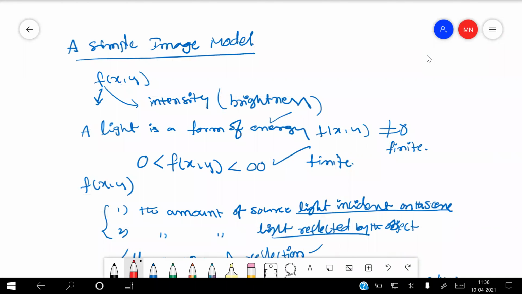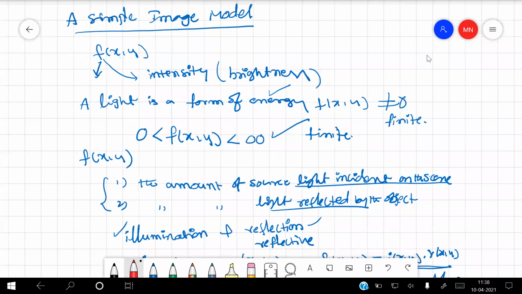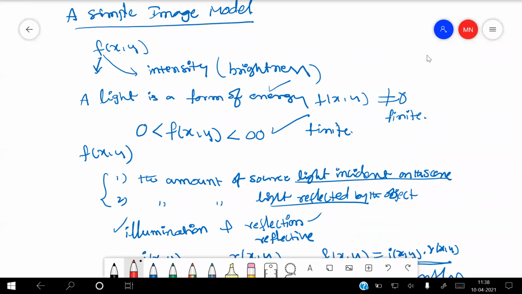Okay, so yesterday we discussed a simple image model. A simple or monochromatic image is a two-dimensional light intensity function, or brightness, and light is a form of energy.